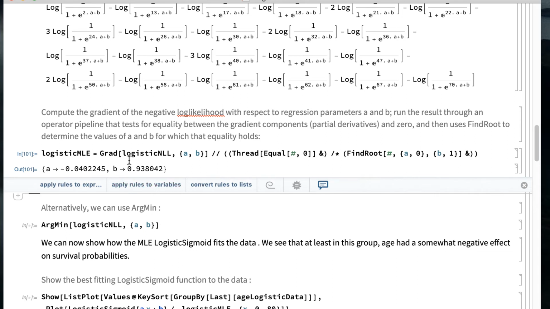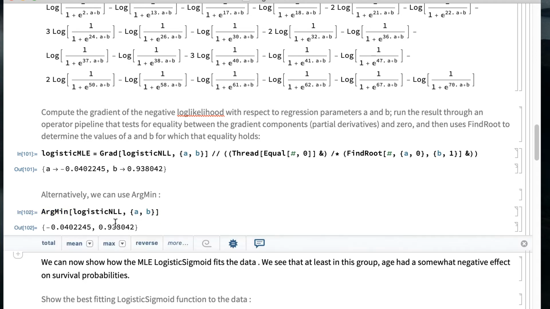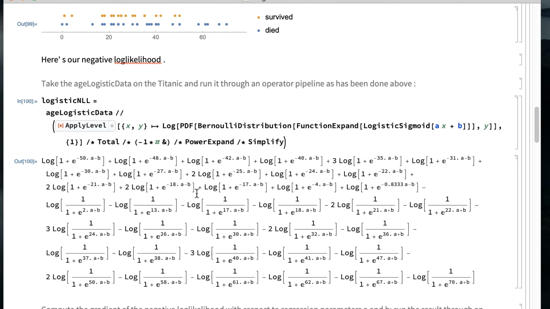Or, as it happens, I don't need to use this calculus-based method. I can just use our friend argmin, and we get the same answers. So those are the parameters A and B that minimize this negative log likelihood.